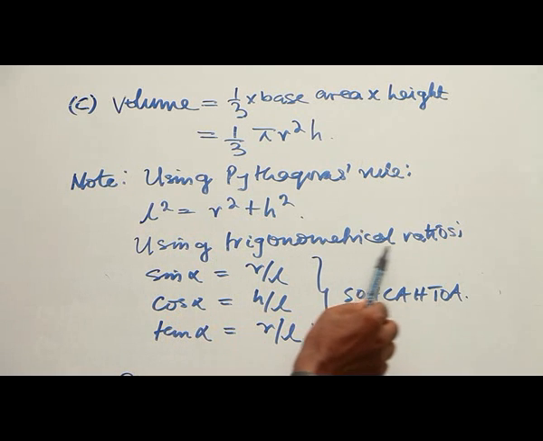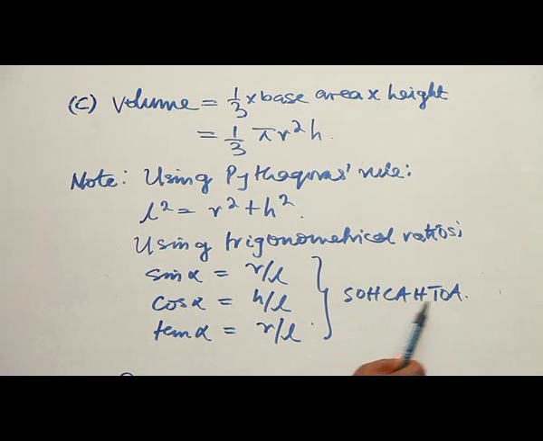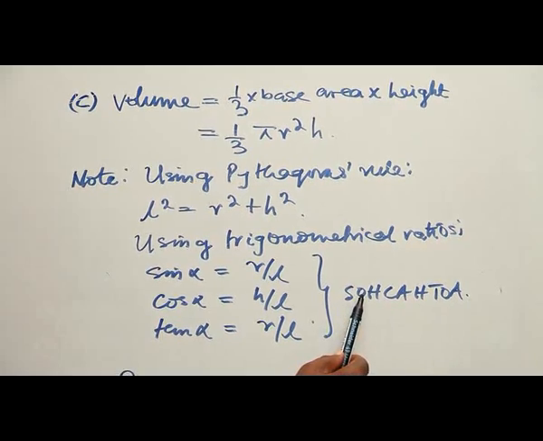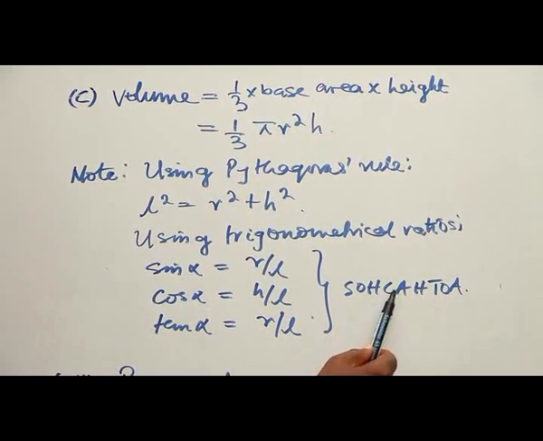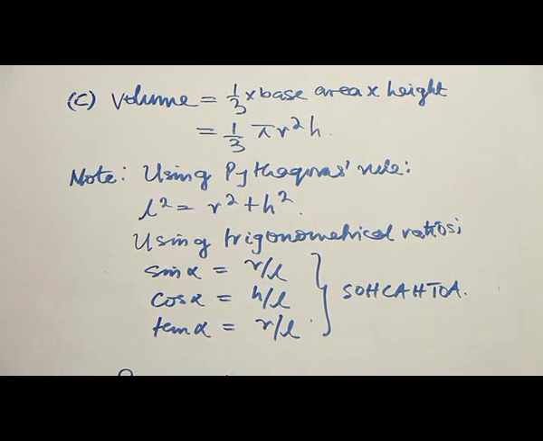And using trigonometrical ratios, sin alpha is equal to R over L, and cos alpha is equal to H over L, and tan alpha is equal to R over H. You will recall the mnemonic SOHCAHTOA. Sine opposite over hypotenuse, cosine adjacent over hypotenuse, tangent opposite over adjacent.